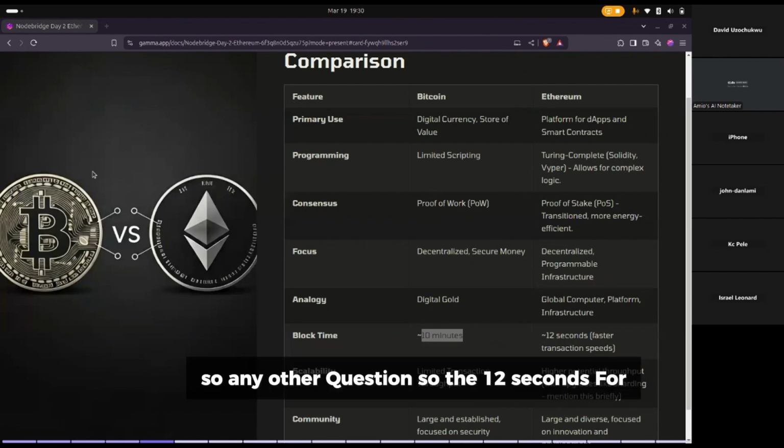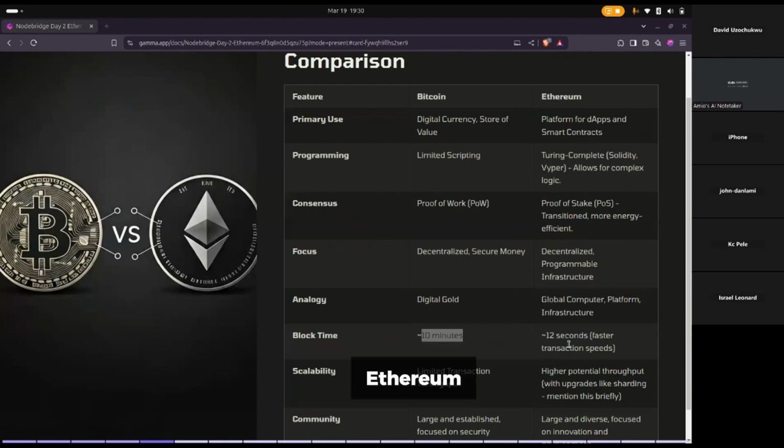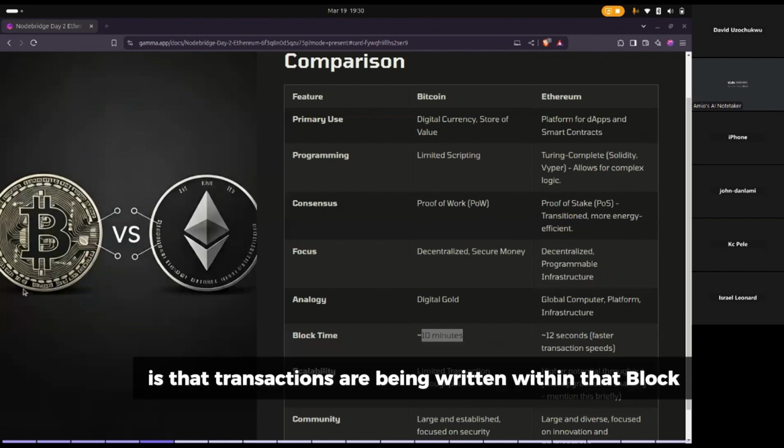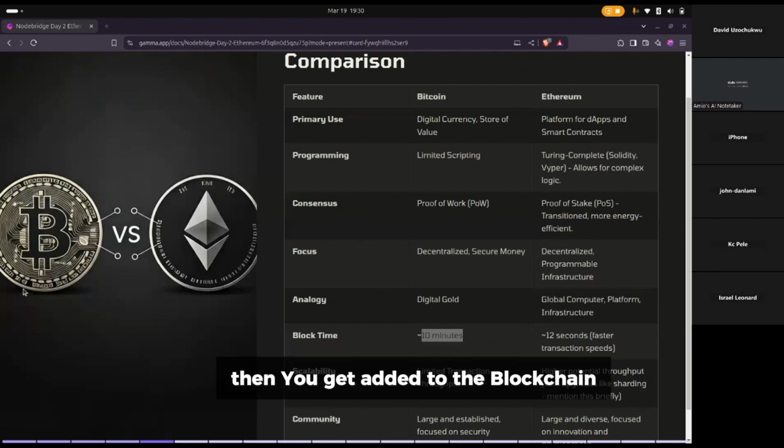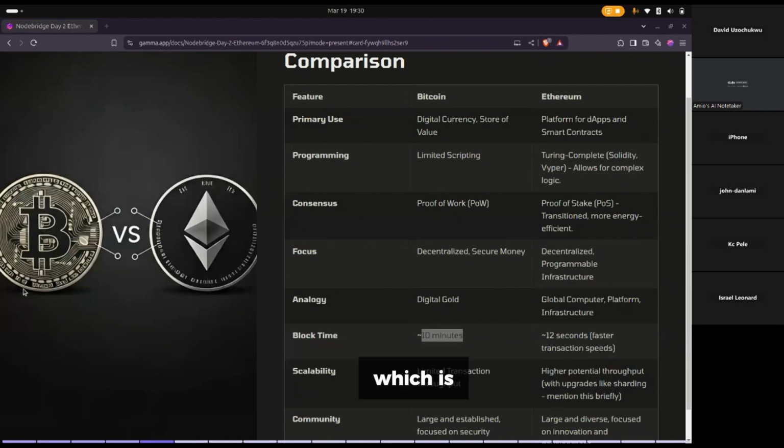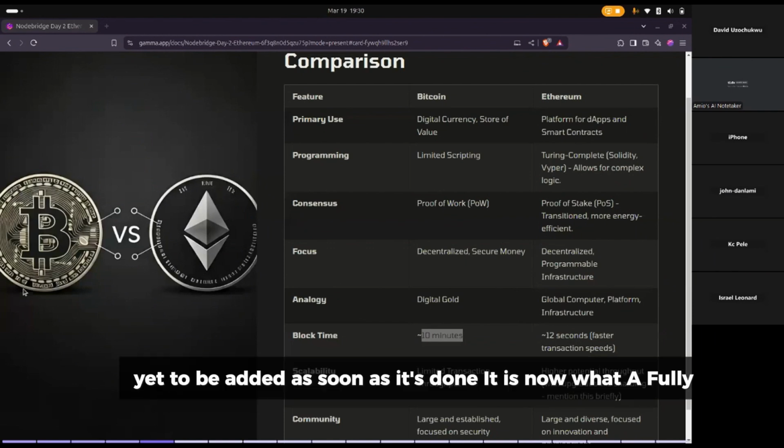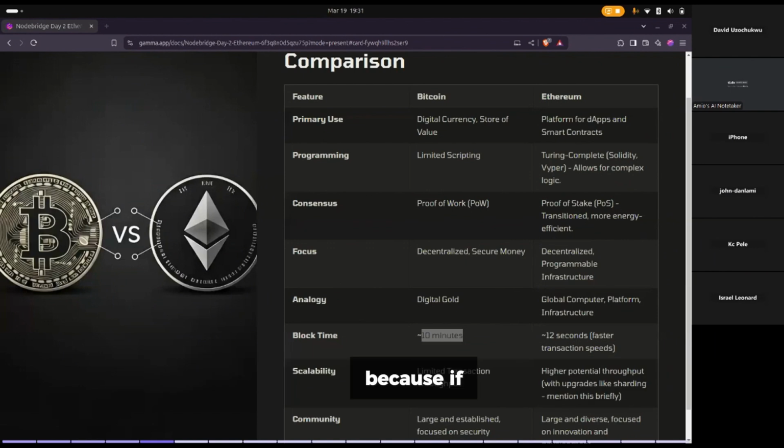So the 12 seconds for Ethereum is that transactions are being written within that block very fast. So the block now gets created within 12 seconds. Then it gets added to the blockchain. Then another one, transactions are being written to the block, which is yet to be added. As soon as it's done, it is now a full block.